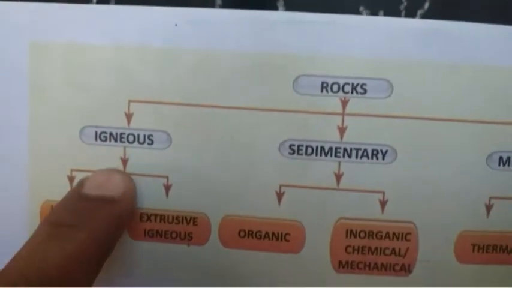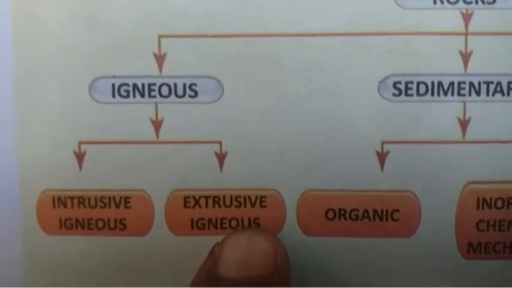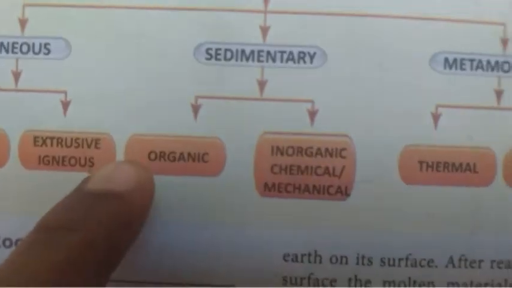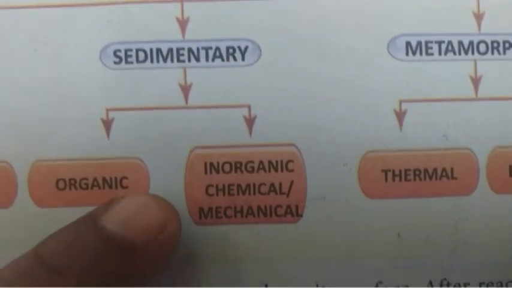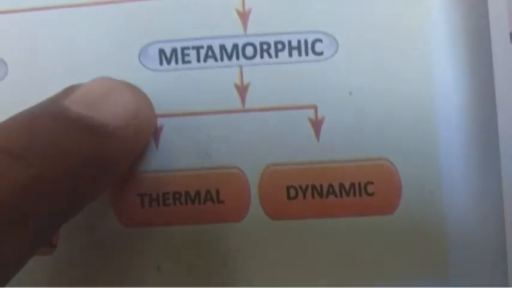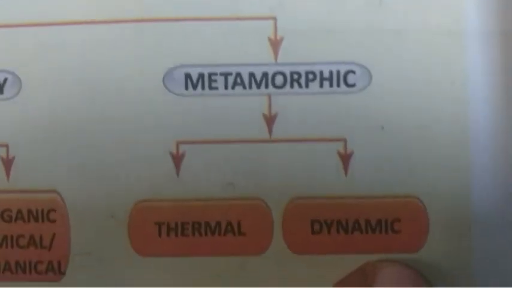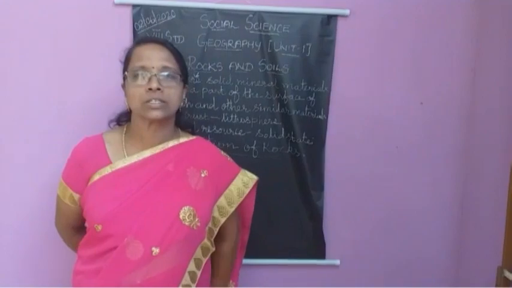Again, igneous is classified into two: intrusive igneous and extrusive igneous. Sedimentary rocks are classified into organic and inorganic. Inorganic is again classified into chemical and mechanical. Metamorphic rock is classified into two: thermal and dynamic. Now we are going to see about igneous rocks.